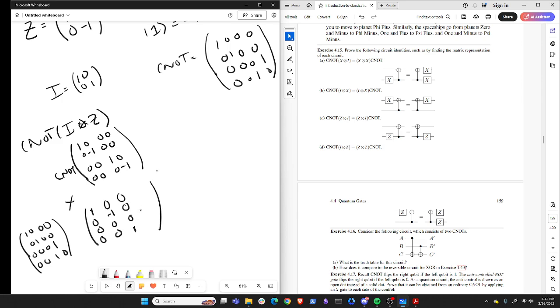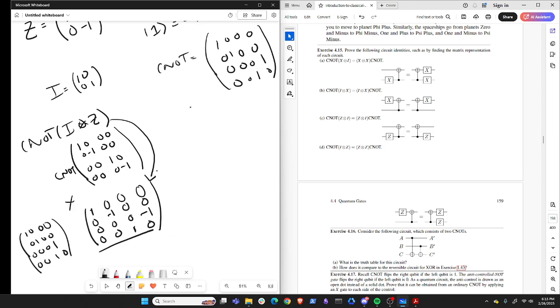Okay. Similarly, 0 and 0 here. Negative 1, because we've got this guy times this, which gives us negative 1. Negative 1 times 1 plus all the rest are going to be 0 times 0. Negative 1 and 0. So this is the result of applying a C naught to the tensor product of an identity and Z gate.